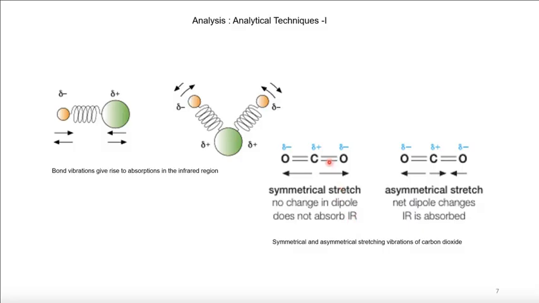So IR is not applicable for this one. But the other is not a symmetrical stretching of carbon dioxide; it's an asymmetrical stretching, and the net dipole changes. As a net dipole change is created, IR is absorbed here. So it's an example of which molecule IR will not absorb and which molecule IR will absorb. Remember that we have to have a net dipole change of the molecule for IR to be absorbed.